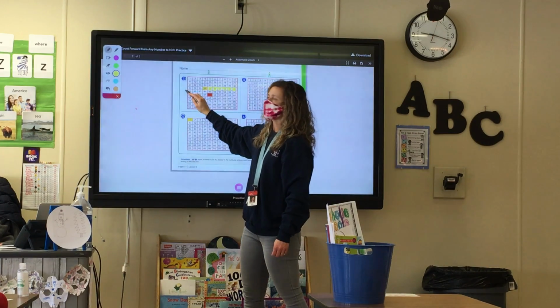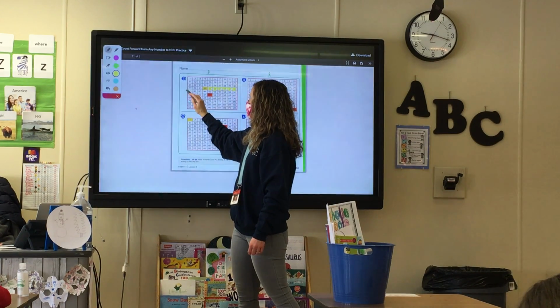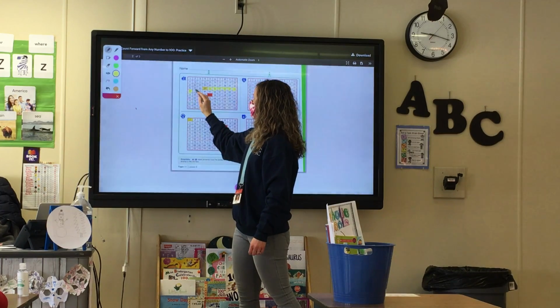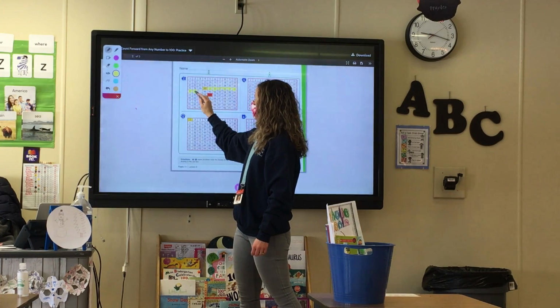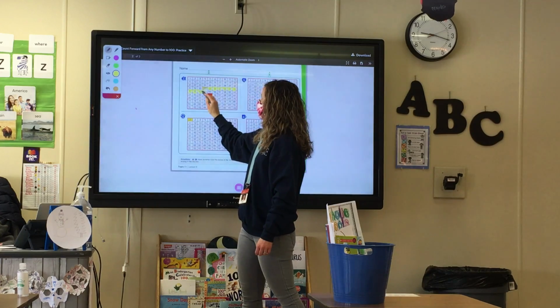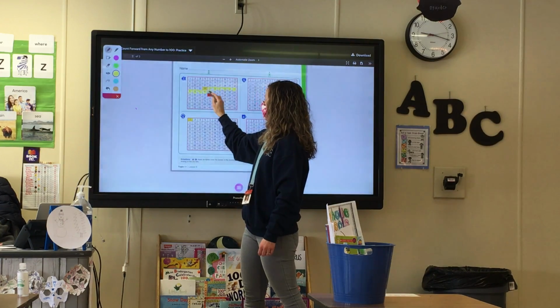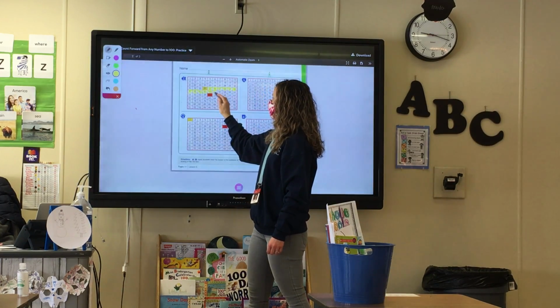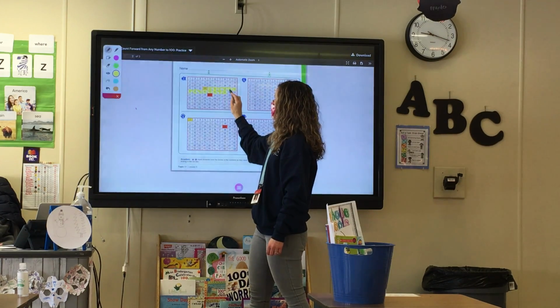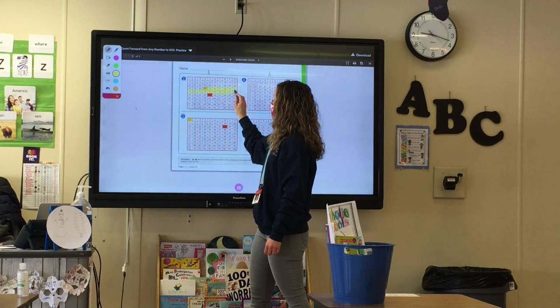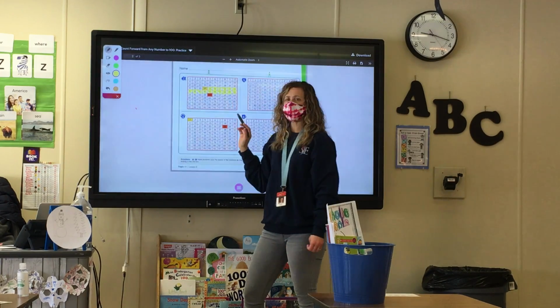Very good. Go to the beginning of the next row. Let's say them out loud. 41, 42, 43, 44, 45, 46, 47, 48, 49, 50. Where do we go after that?